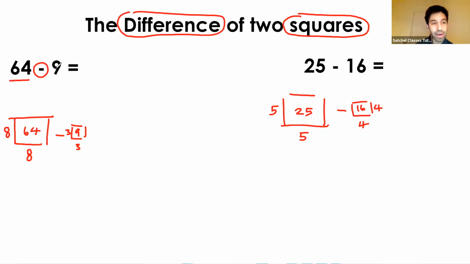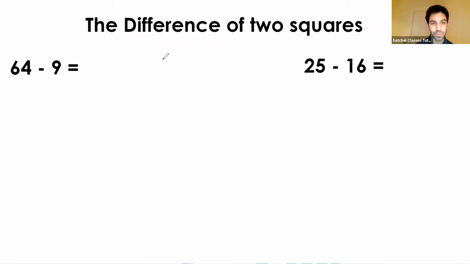Now, if I just clear my drawings, we can rewrite this in index form. 64 minus 9 is 55. However, I can rewrite this as 8 squared minus 3 squared.